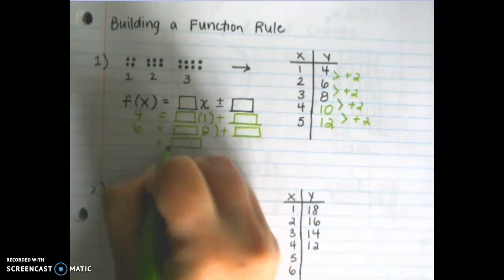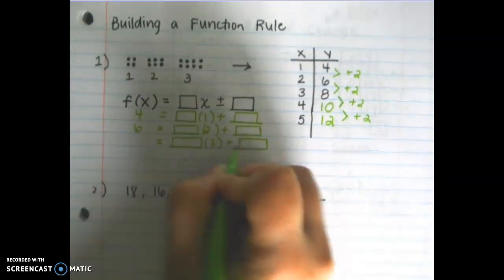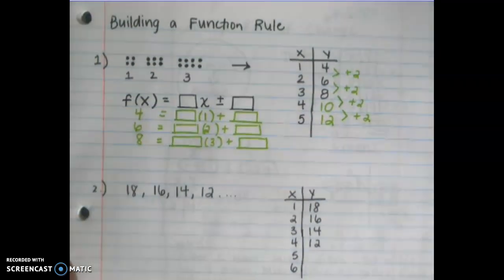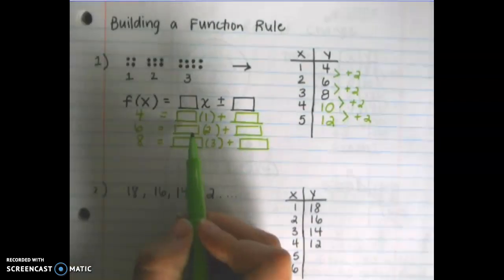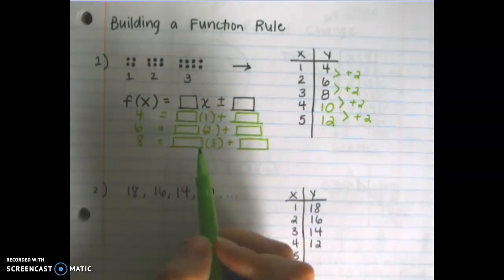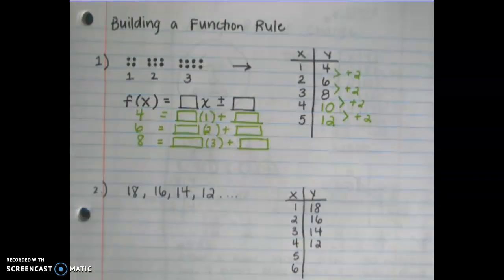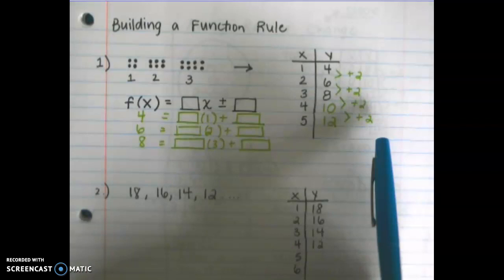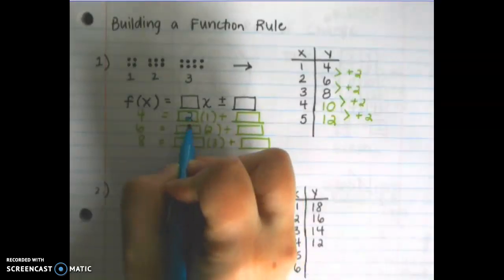When I plug in 3 for x, I'm supposed to get 8. So is there something times 1, maybe plus something, that would give me 4, and that same rule is going to work for all of them? Well, let's start by multiplying by 2, because that's what our pattern was going up by, right?